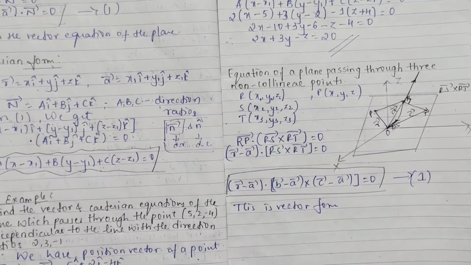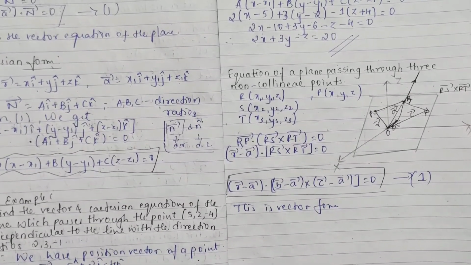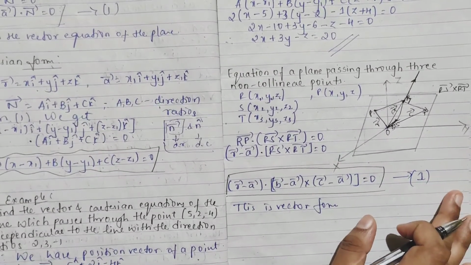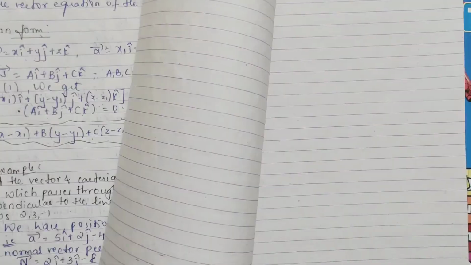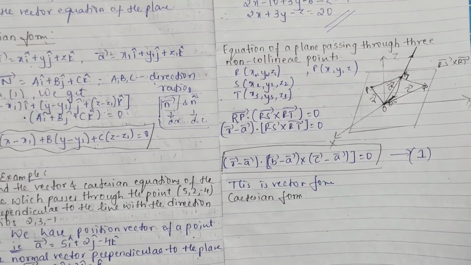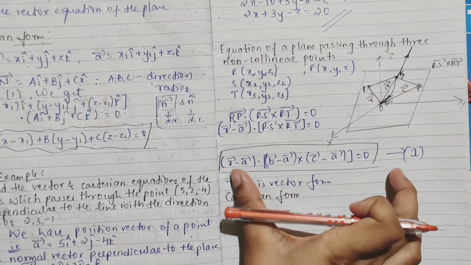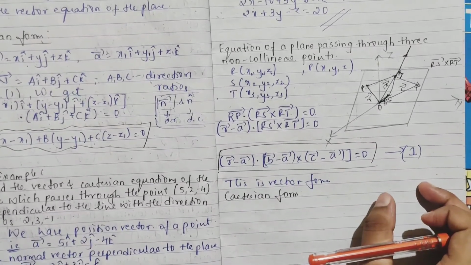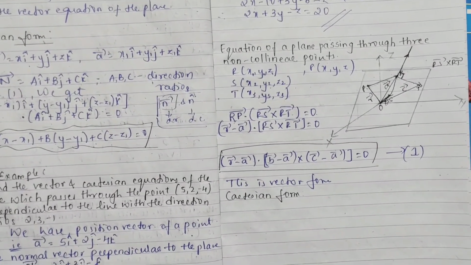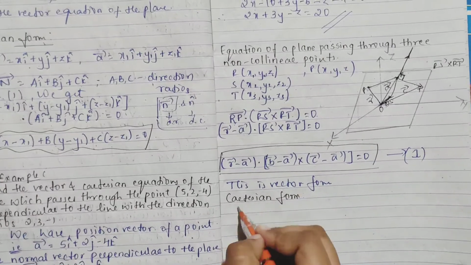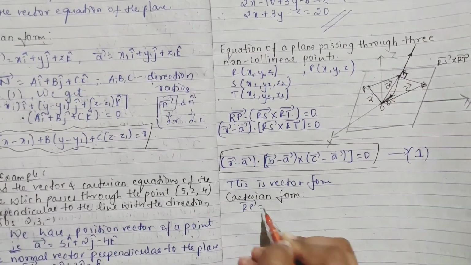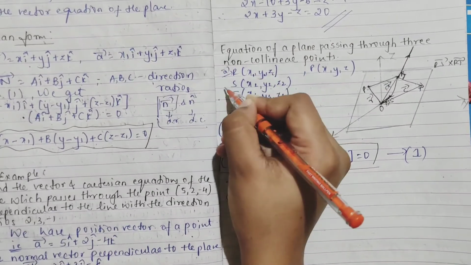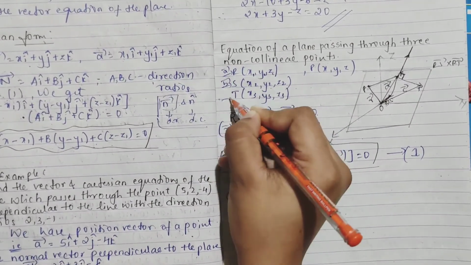In the same way, we'll see the Cartesian form. Obviously you have to substitute in equation 1, and after substituting, we are expressing it in the form of a determinant. So if you see, RP, where r is your position vector, a is your vector a, b is your vector b, and this is your vector c.